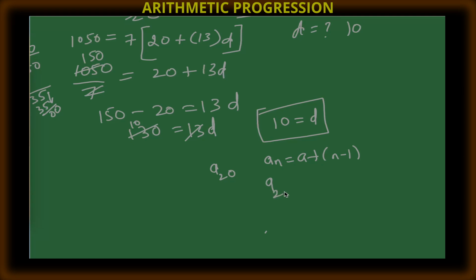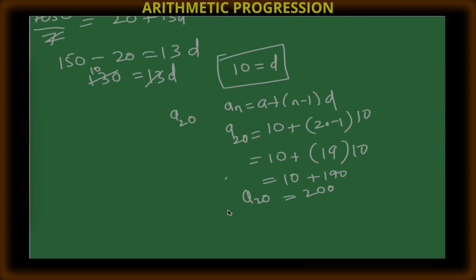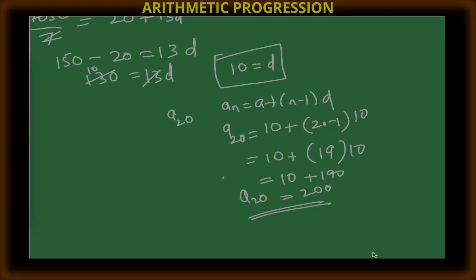So a20, a is 10 plus n is 20 minus 1. Where is d here? d is missing. d we got as 10. So 10 plus 19 into 10. 10 plus 190, which is equal to 200. So a20 is 200.